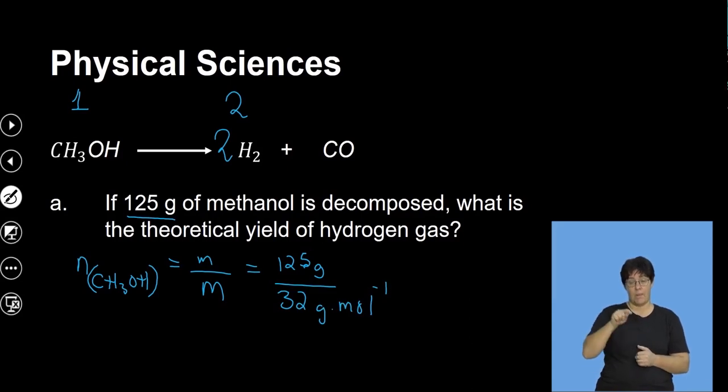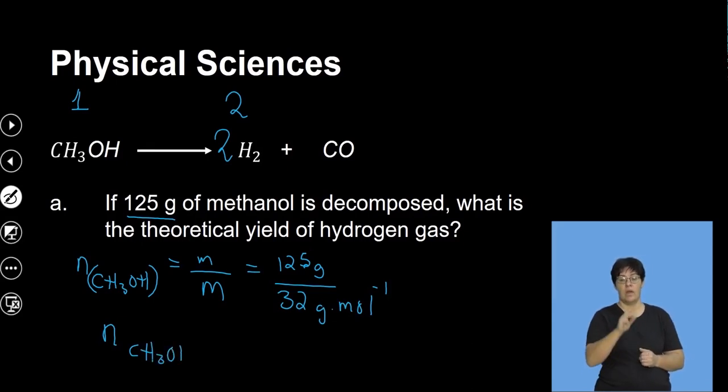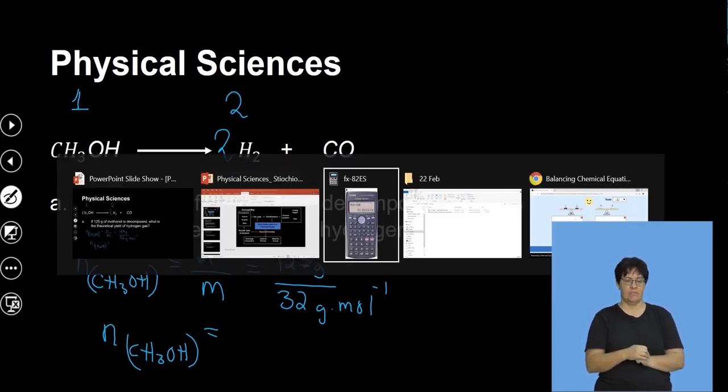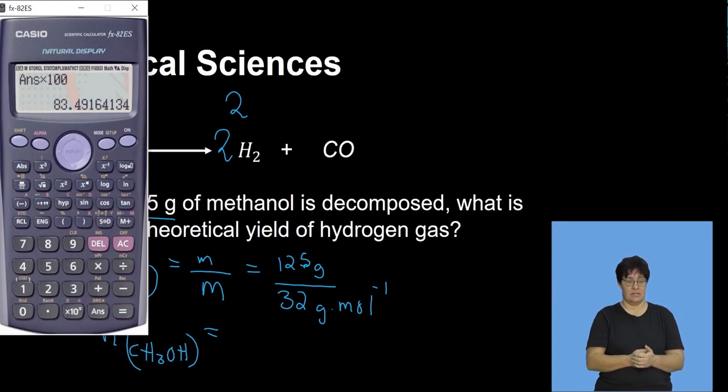So whatever we get here in terms of the number of moles of methanol, CH3OH, is equal to that. If we go to our calculator, we've got 125 grams divided by 32 grams per mole.